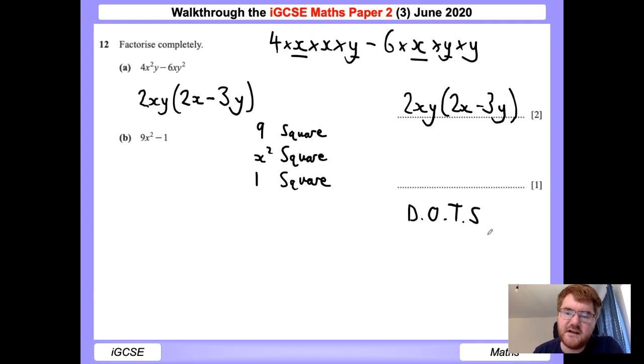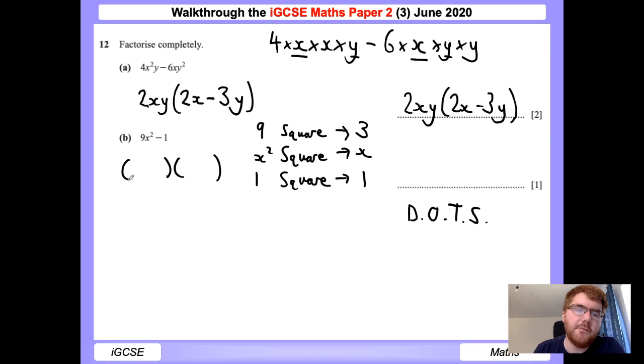As soon as you see this kind of thing, you need to be thinking the difference of 2 squares. The way we do this, we think of the square roots of the numbers we just talked about. So the square root of 9 is 3, the square root of x squared is x, the square root of 1 is just 1. So this then gives us the numbers to put into our brackets.